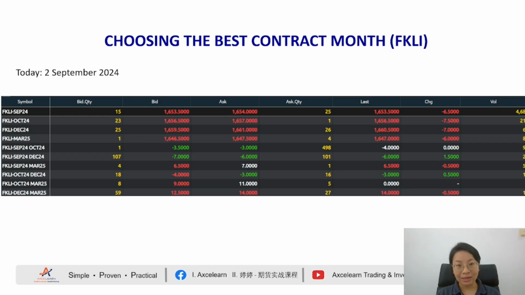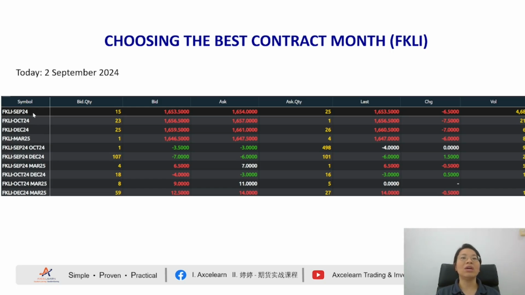But if you do not have any ideas, like at the moment you want to trade the FKLI contract, you do not know how long you are going to hold, you do not know exactly what your trading strategies are, you can start to trade with the highest trading volume contract month.